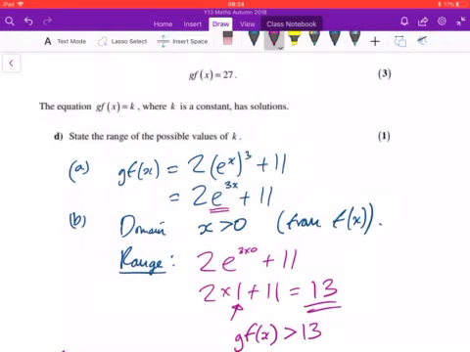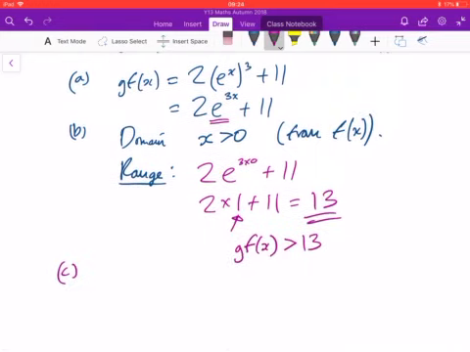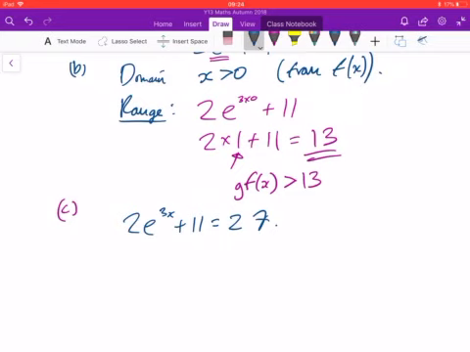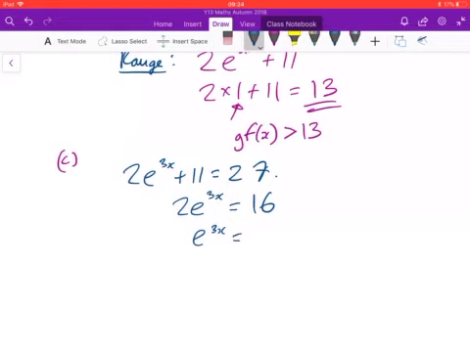So part C. Solving this equation. So we are solving this equation here, subtracting 11 gives this. Halving gives this.